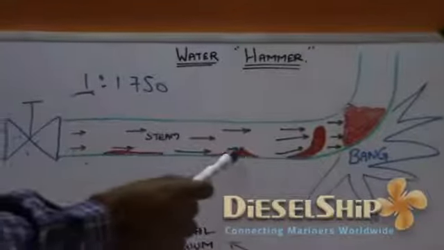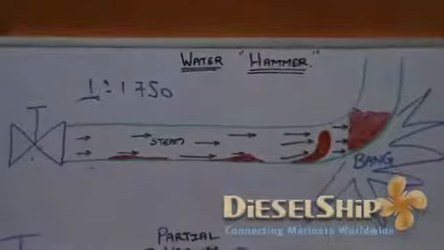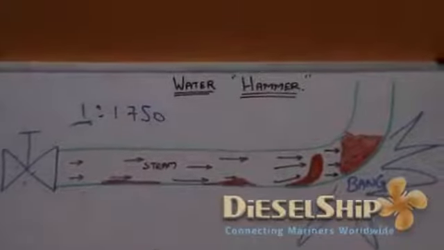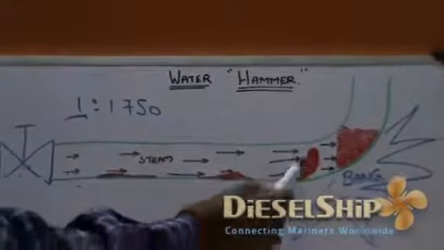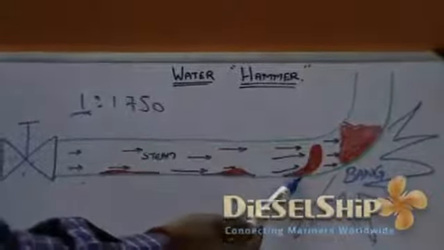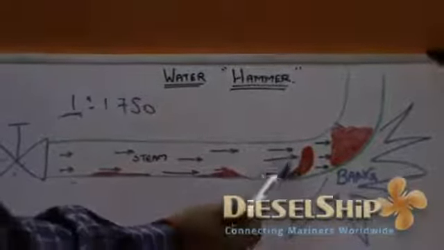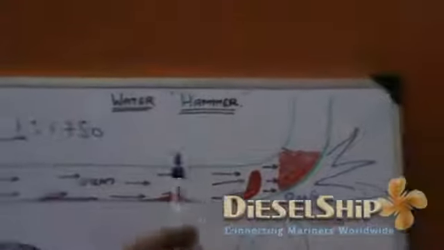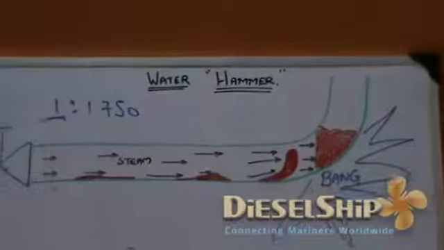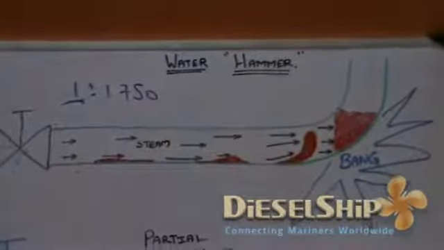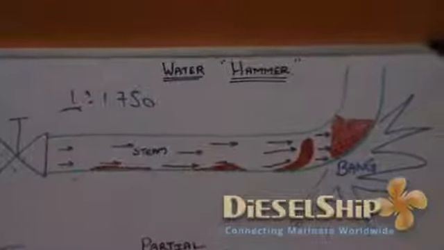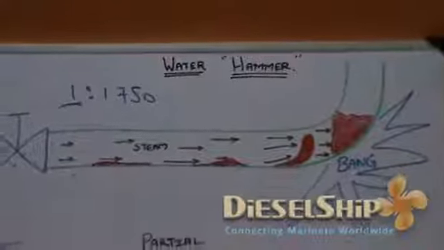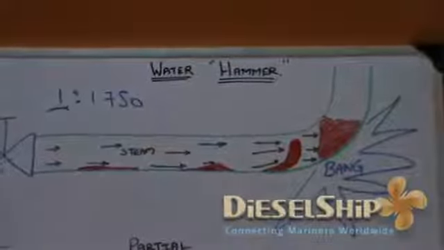As it moves, it carries the slug of water, creating a similar effect as we see the waves over the beach, and it creates so high velocity that the water wave forms ahead of the steam, and as there is a bend on the pipe, an elbow or something, it creates a banging noise which is called as water hammer. So on a pipeline, if you take a hammer and hit it, you will hear a metallic clink noise. So the water banging on inside of the pipe creates a similar effect.